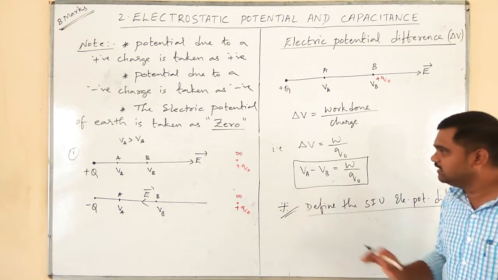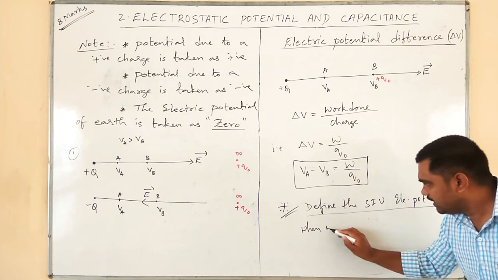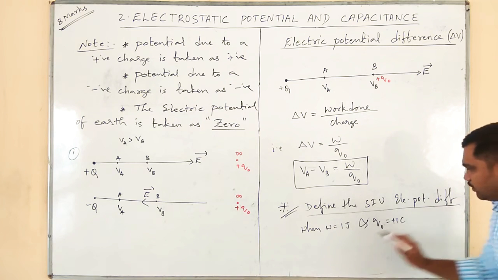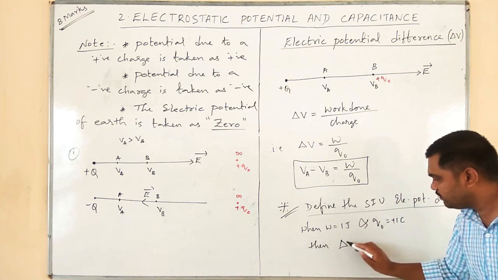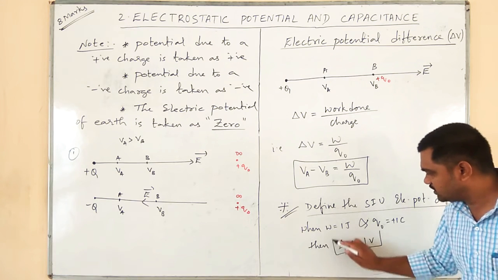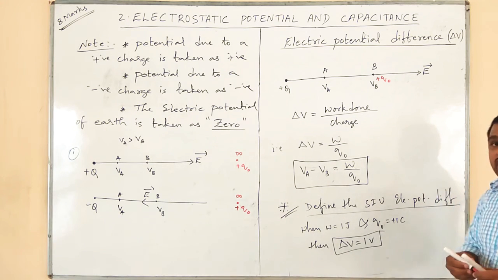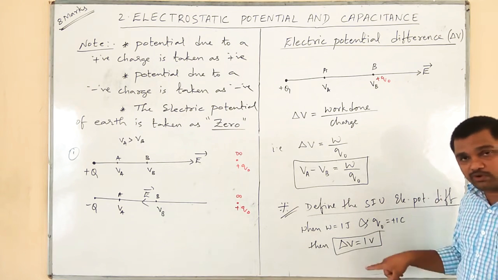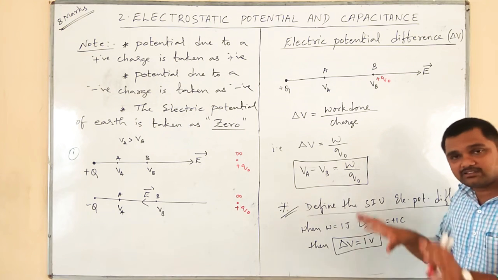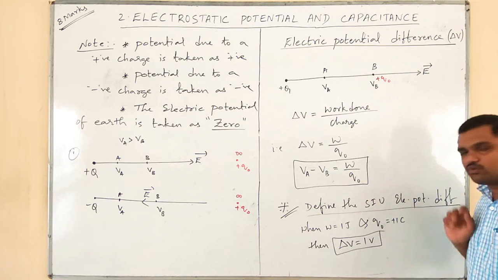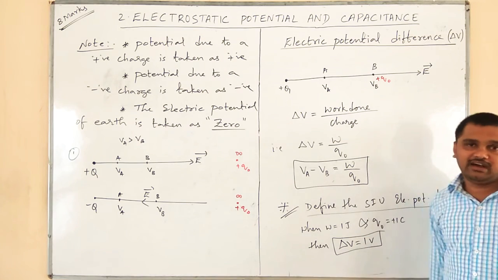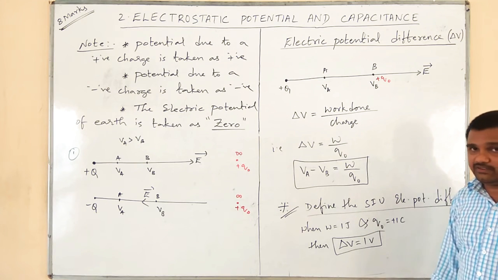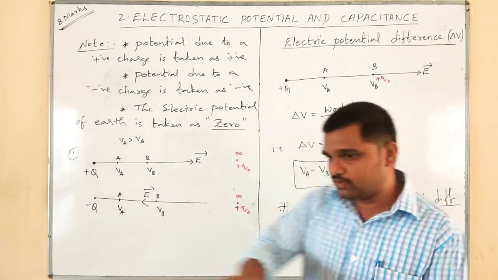See, when W is equal to 1 joule and Q naught is equal to plus 1 coulomb, then delta V becomes 1 volt. That is, electric potential difference between 2 points in an electric field is said to be 1 volt if 1 joule of work has to be done to move plus 1 coulomb of charge from one point to another point. Like that, we say electric potential difference. Please remember.